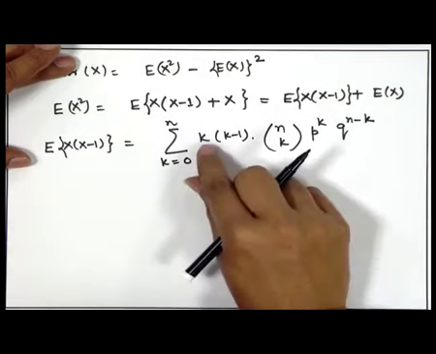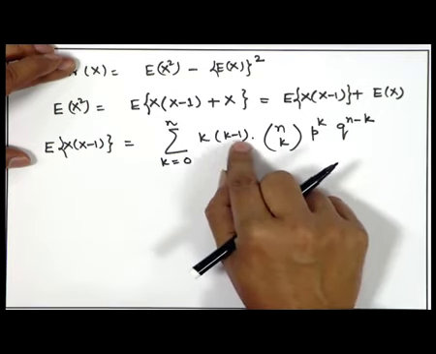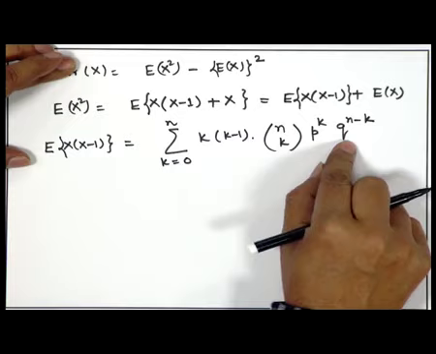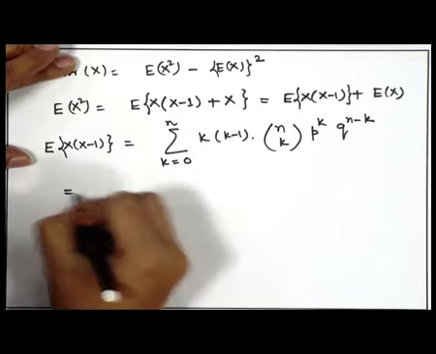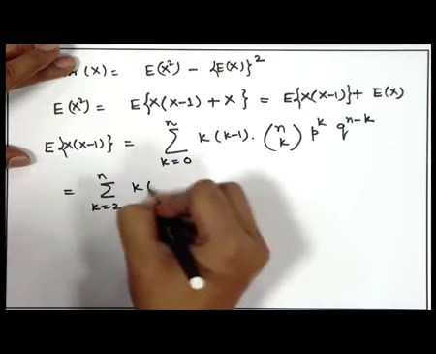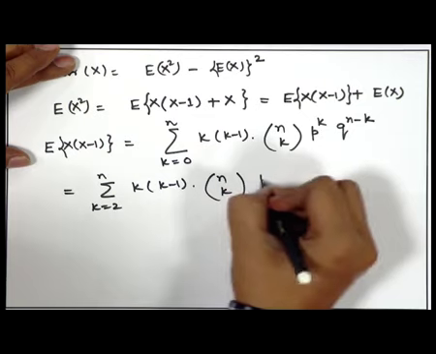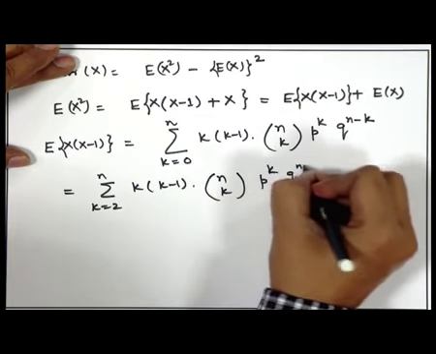You note here that corresponding to k equal to 0 and corresponding to k equal to 1, this term becomes 0. So, we can write this summation from k equal to 2 to n, k into k minus 1, n choose k, p to the power k, q to the power n minus k.